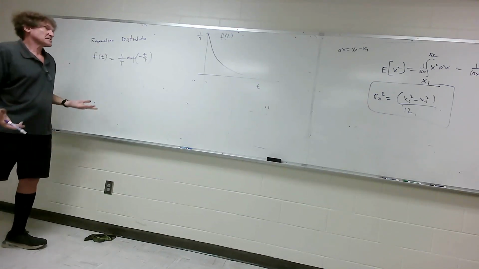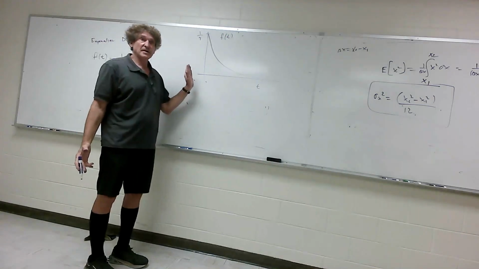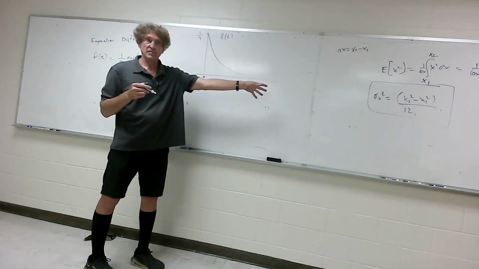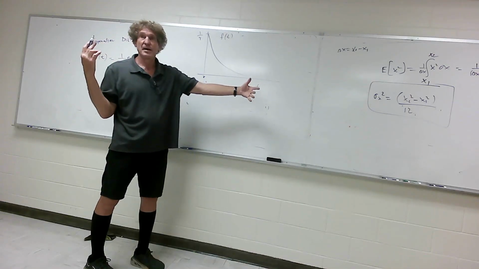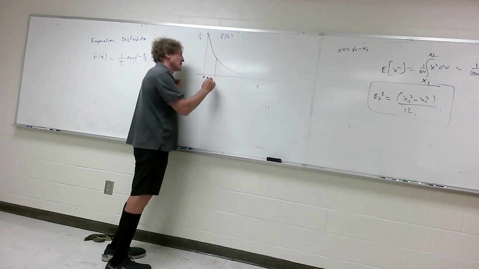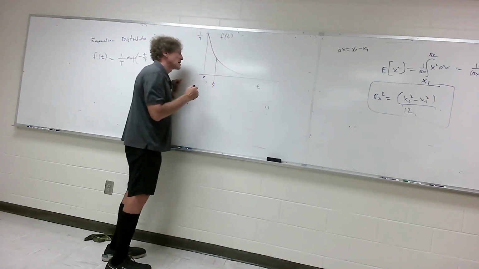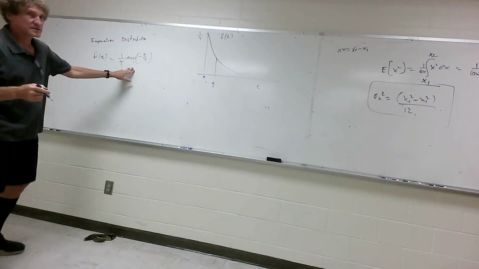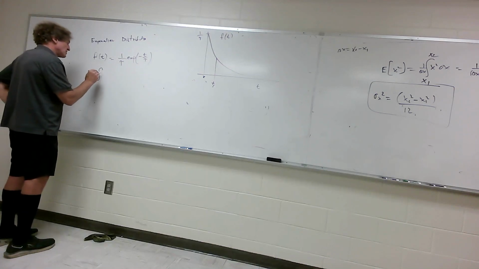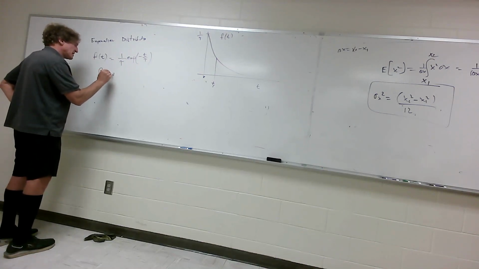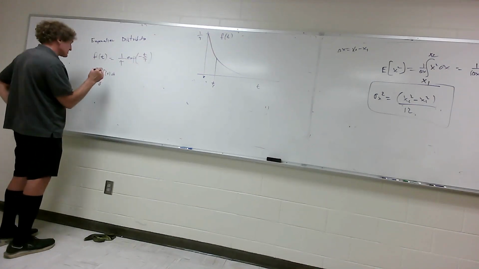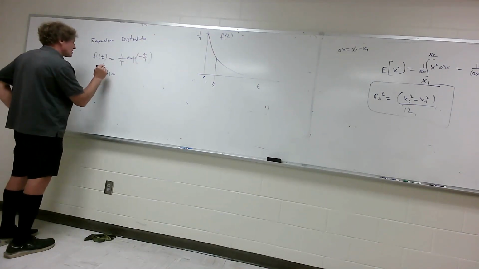Say this is a failure rate. The probability of failure of the part from 0 to forever is 100%. The probability of it failing or passing, however it's defined, from 0 to some t1 is just the integral of this f of t dt from 0 to t1.